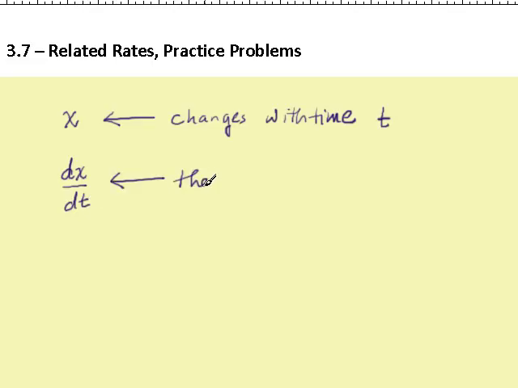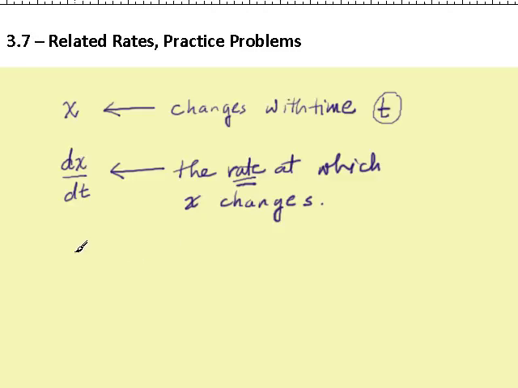That's the rate at which x changes, because the derivative always gives information about how quickly a variable is changing. So if the variable is related to time, then how quickly the variable changes is its rate.